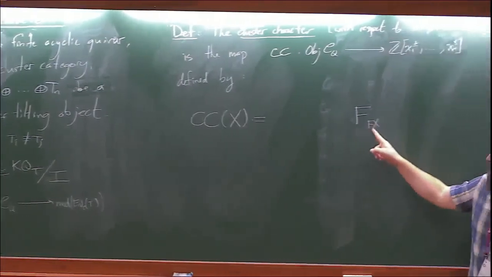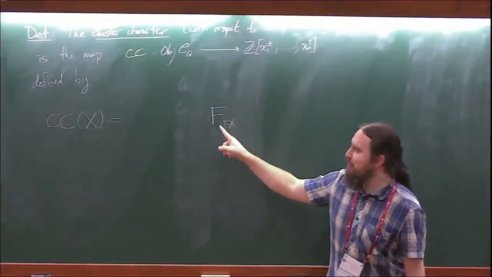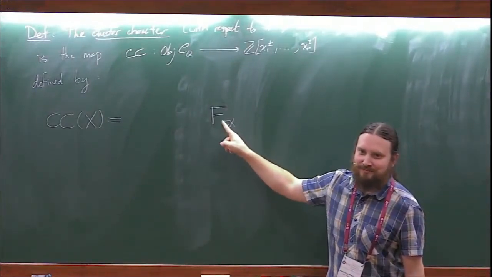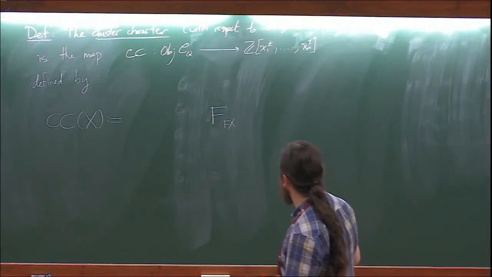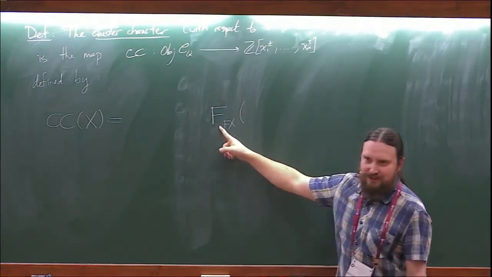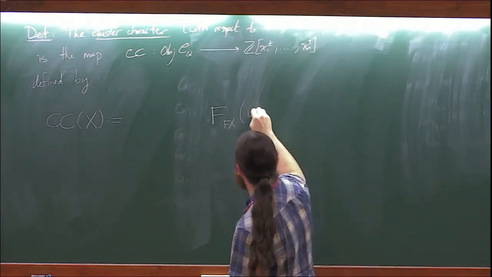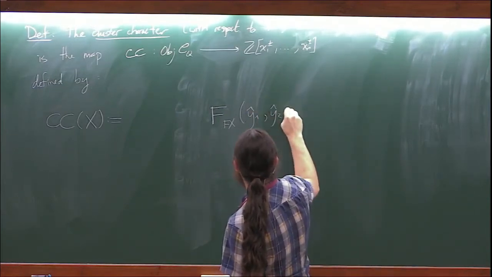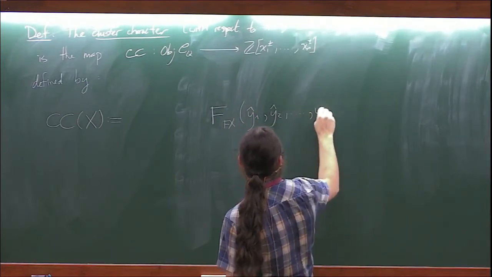I apologize for this conflict of notation, but this F is a functor and this F is for F-polynomial. I will evaluate this F-polynomial in a certain set of Laurent monomials, which I will call y1 hat up to yn hat.